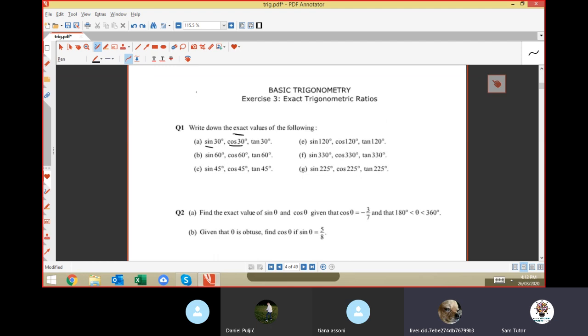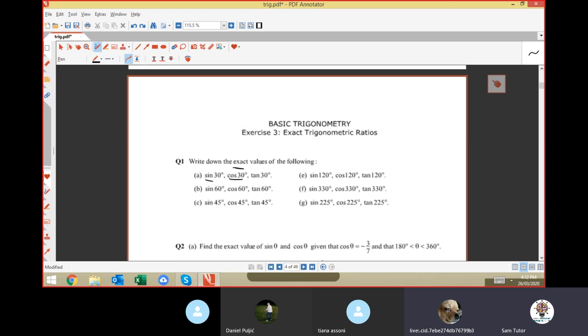Now, if you've got your calculator out, we're going to find the exact value of sine 30. Place sine 30 into your calculator, and it should give you half. It should give you an exact value.